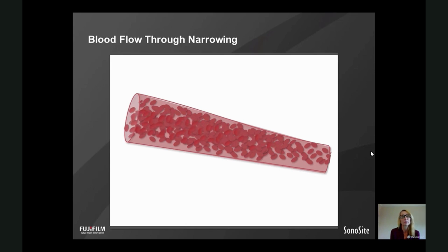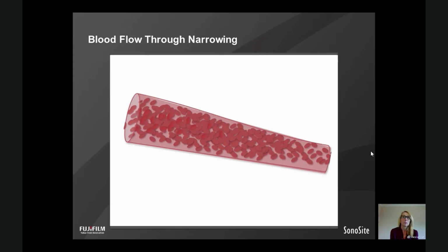However, how fast the blood has to run to get that volume of blood through changes. So, for example, in the wider area, 400 mils a minute can run slower, but in a narrowed area, to get 400 mils a minute through a narrowing, it has to run faster. So that's where we see an increase in the velocity, where it speeds up in order for that amount of blood to fit through the narrowed area. So that's the difference between velocities and volume flow.